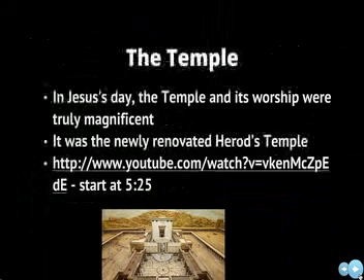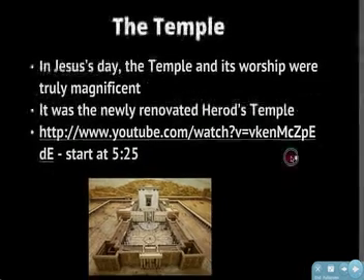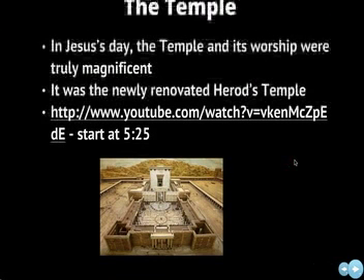Okay, the temple. You need to know something about the temple during Jesus' day. The temple during his time was the temple of Herod. Now Herod the Great did a lot of building projects, and he gained favor with that. His temple was one of the great wonders of the world.